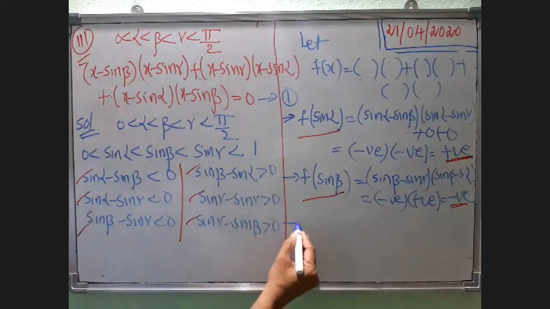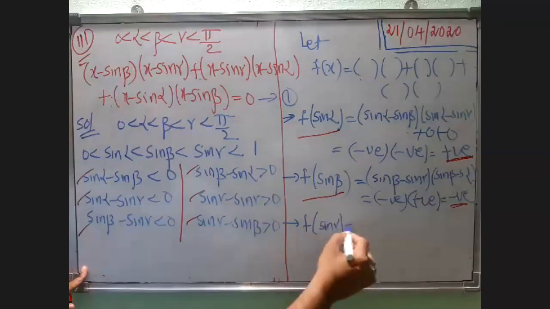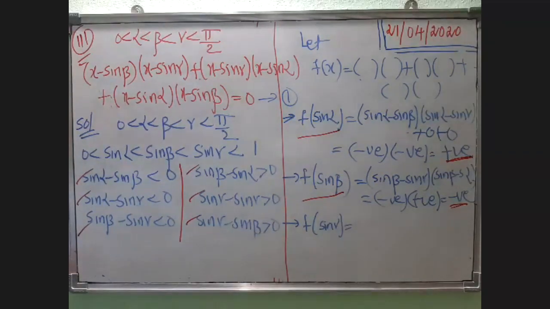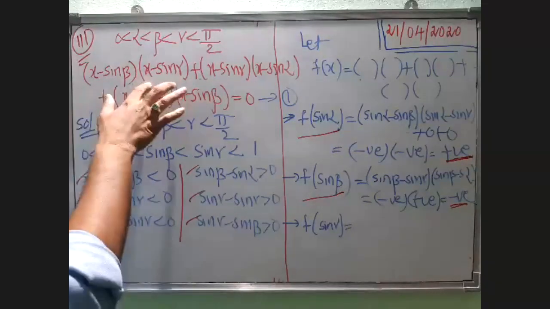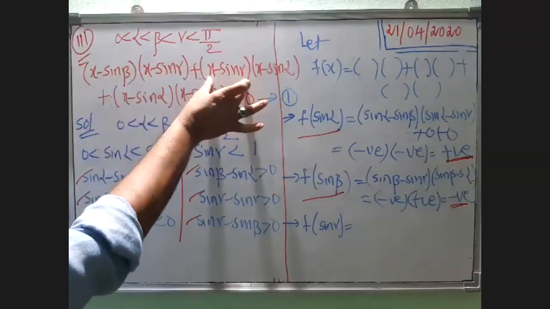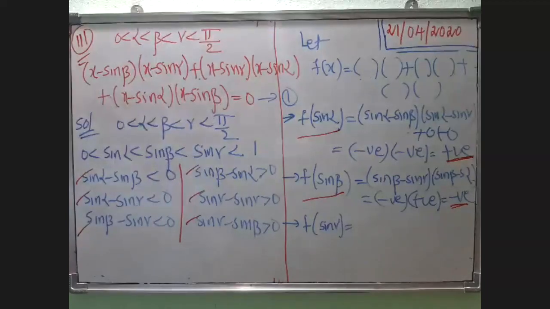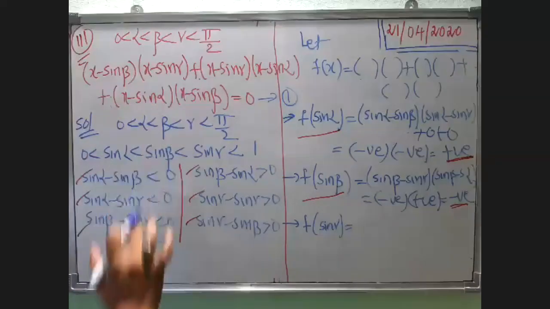Similarly, I will take f of sin gamma. From the given equation, sin gamma minus sin gamma becomes 0, and sin gamma minus sin gamma also becomes 0. The first two terms become 0 and only the last term prevails. In the place of x, I substitute sin gamma.